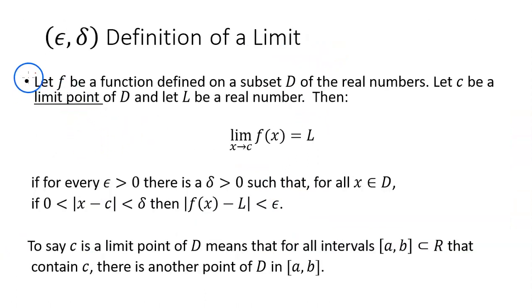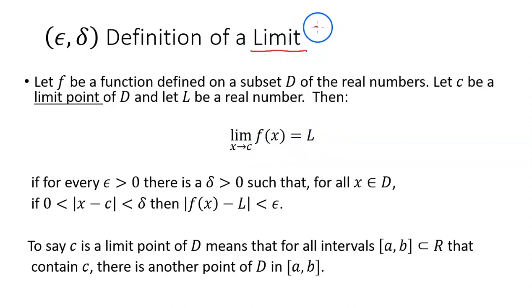By the way, here's a bit of optional extra reading if you're interested. This is the real definition of a limit. In our high school maths, we don't really get into this. We just describe a limit as what happens to the function as x gets closer and closer to c. What does the function get closer and closer towards?